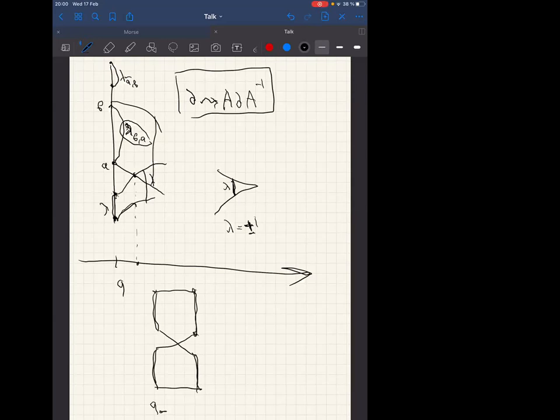But the numbers may change. Lambda 1 and lambda 2 change like that, multiplying by -c.